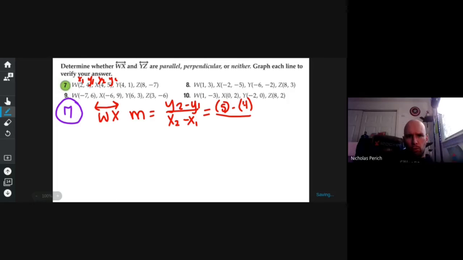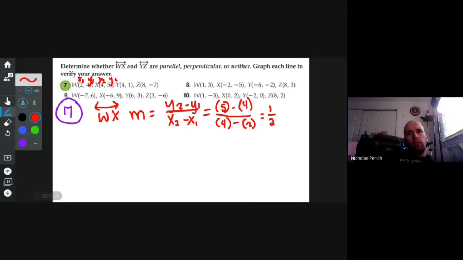X sub 2, I labeled 4. Minus X sub 1, I called 2. 1 over 2. Preguntas? So I found the slope of WX.